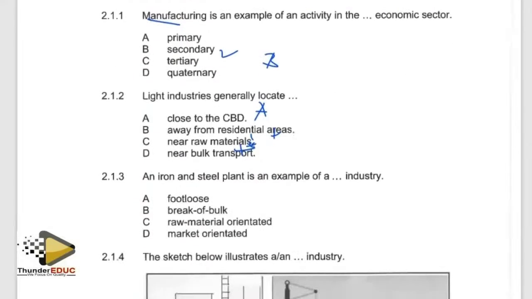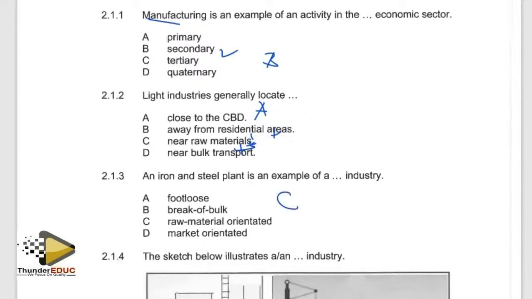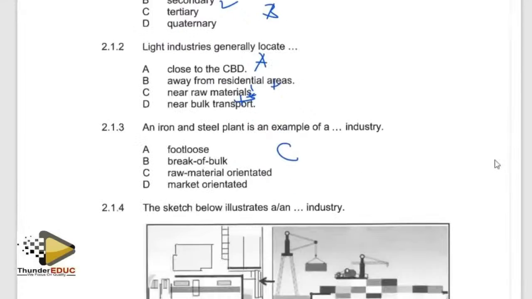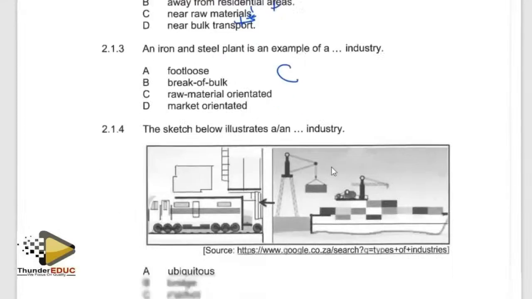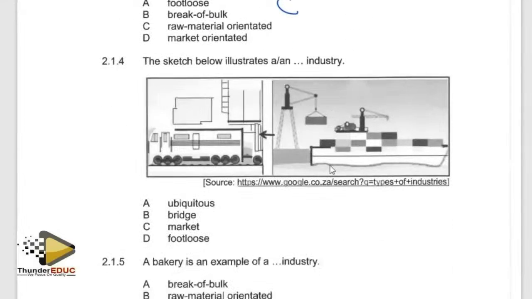Is it footloose, break of bulk, raw material oriented, or market oriented? So that 2.3, I feel the answer is C. Okay, the sketch below is an example of which kind of industry. We're looking at this sketch 2.4.